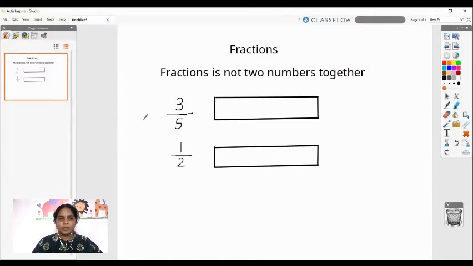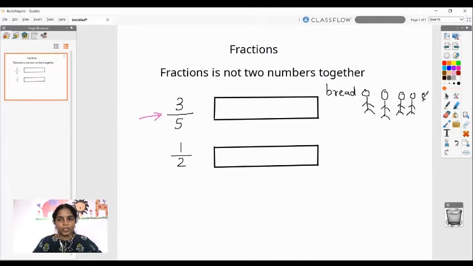Students know that this 3 by 5 is a fraction, right? Now, we are going to represent that on a bar like this. Let's think this is a loaf of bread, and you have 5 children who have to eat this bread.